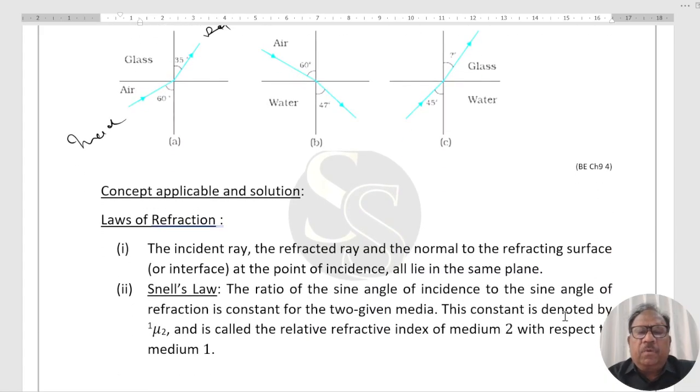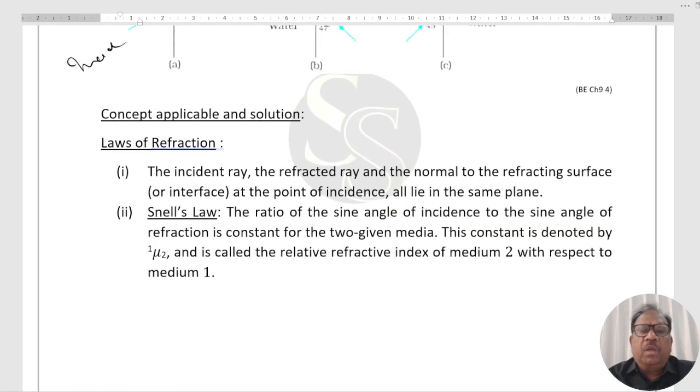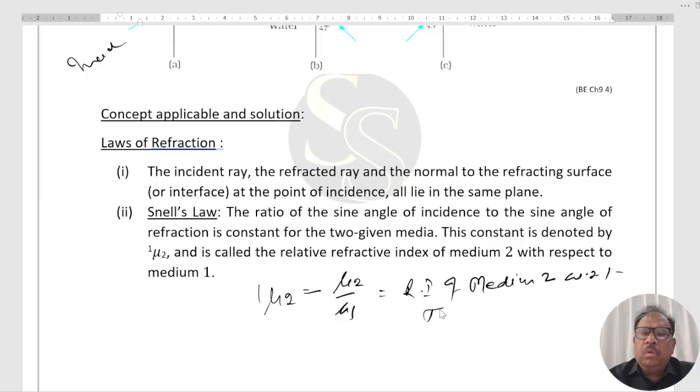The second is Snell's law. The ratio of the sine of the angle of incidence to the sine of the angle of refraction is constant for two given media. This constant is denoted by 1 mu 2. 1 mu 2 means mu 2 over mu 1, that is the refractive index of medium 2 with respect to medium 1.